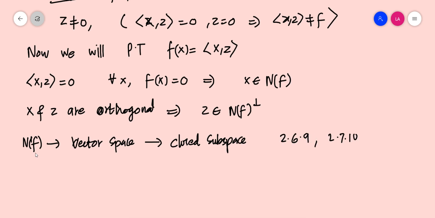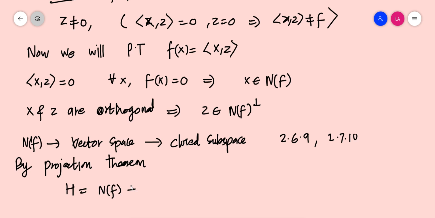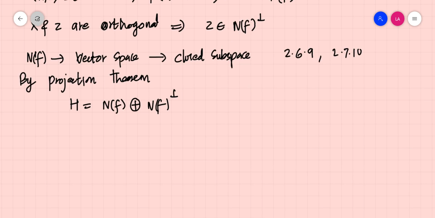In these theorems, we have established that the null space of a linear functional is always a vector space and it's a closed subspace. Then by the projection theorem, our Hilbert space can be written as N f direct sum N f perpendicular, where N f is a closed subspace. According to the projection theorem, we can write it in this form.